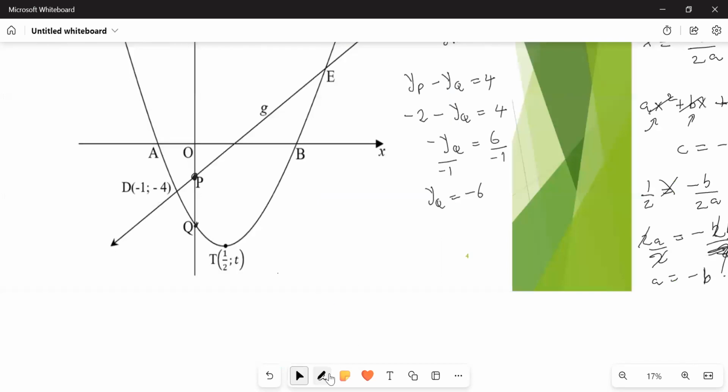Now check more functioning at this point here, point D. When x is minus 1, y is equal to minus 4.